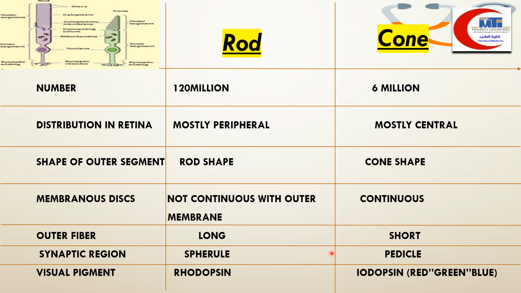The visual pigment of the rod is rhodopsin, while for the cones it is iodopsin. The rod cells are responsible for dim light, while the cone receptors are responsible for color vision.